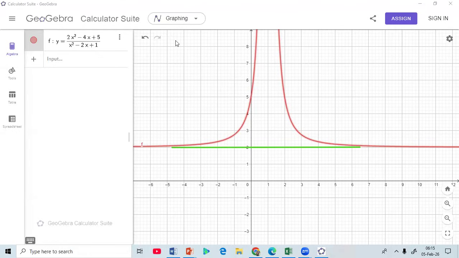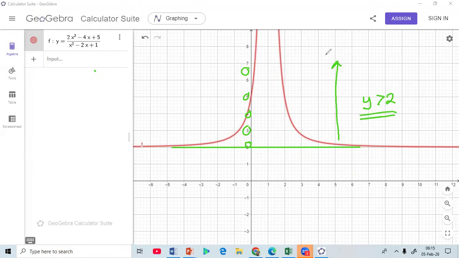For such a case, members, when you look at our graph, you notice that our graph is going upwards, and the output starts from 2, 3, 4, and onwards. It means that all values of y that are greater than 2 qualify. So your range here will be y is greater than 2.